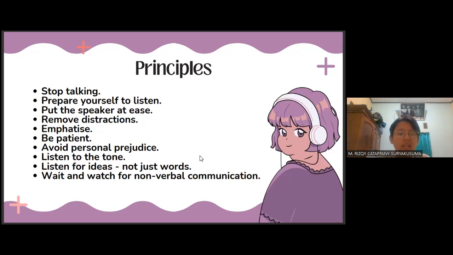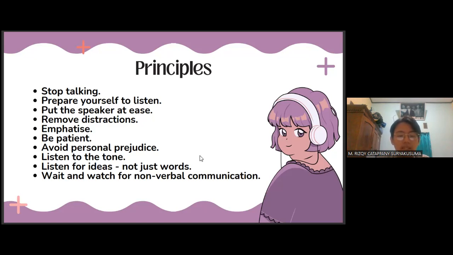Number 4 is remove any distractions. We don't want to get distracted while we are listening, because it is the last thing that we want to happen. So we can concentrate and listen to the material well, we have to remove any distractions.